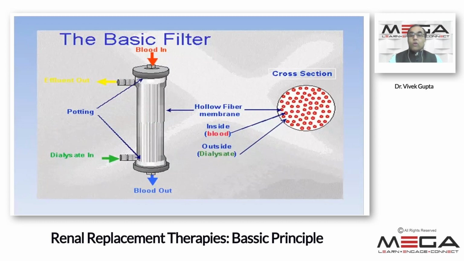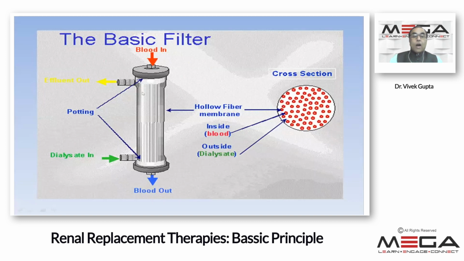If we do a cross section of this basic filter, we'll see a bundle of fibers in which inside there is blood and outside there is dialysate. You can see in this diagram, dialysate is entering from one side and blood is passing inside the hollow fibers.